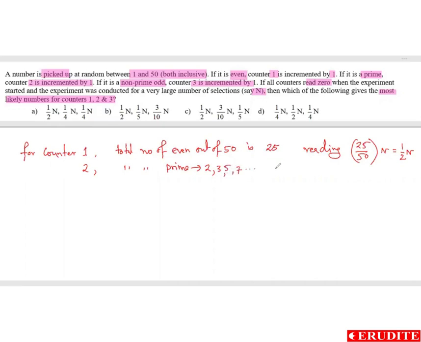Up to 50, it would be 16 prime values. That means the reading will be 16 by 50 times of n, which is nothing but 8 by 25 of n.